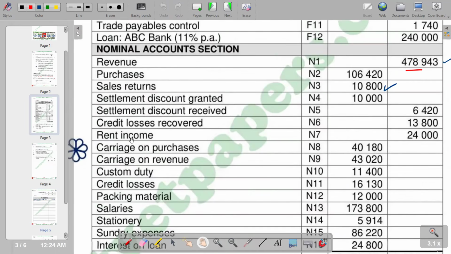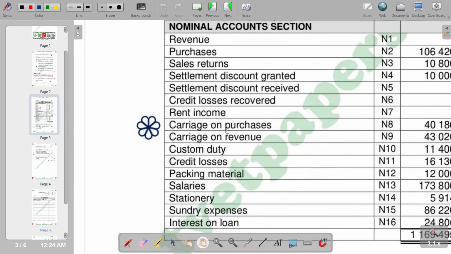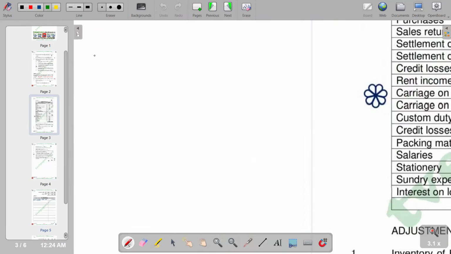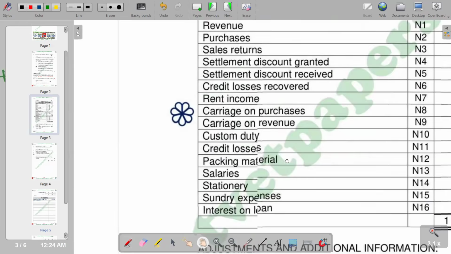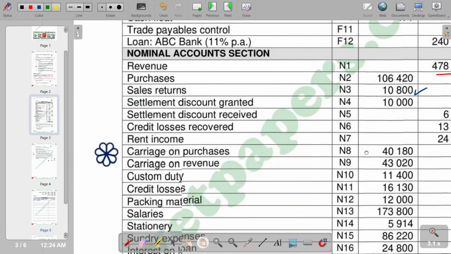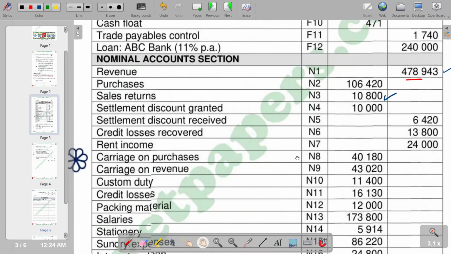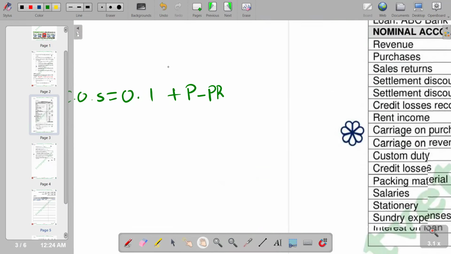So in that case, if we don't have it, it means we have to calculate it using the formula: cost of sales is equal to opening inventory. We add our purchases. If we've got purchase returns, we are supposed to subtract. And of course, any further adjustments. If we have got our settlement discount received, we are supposed to subtract it.